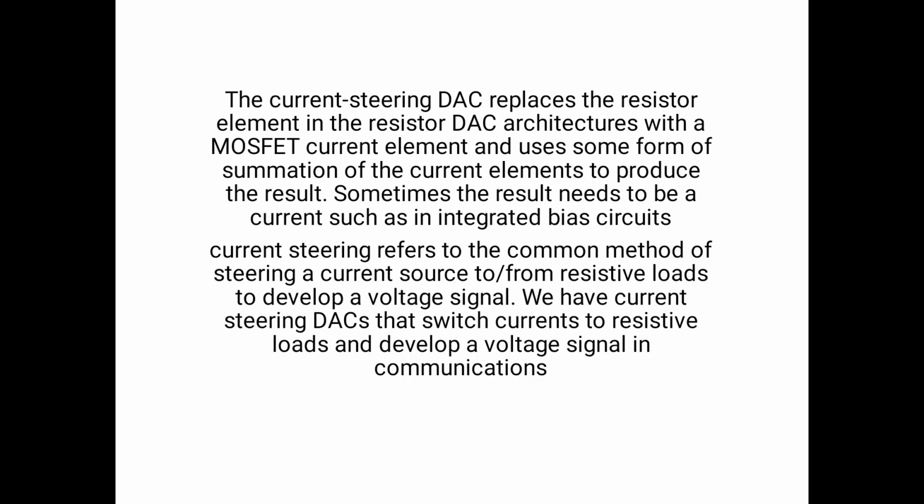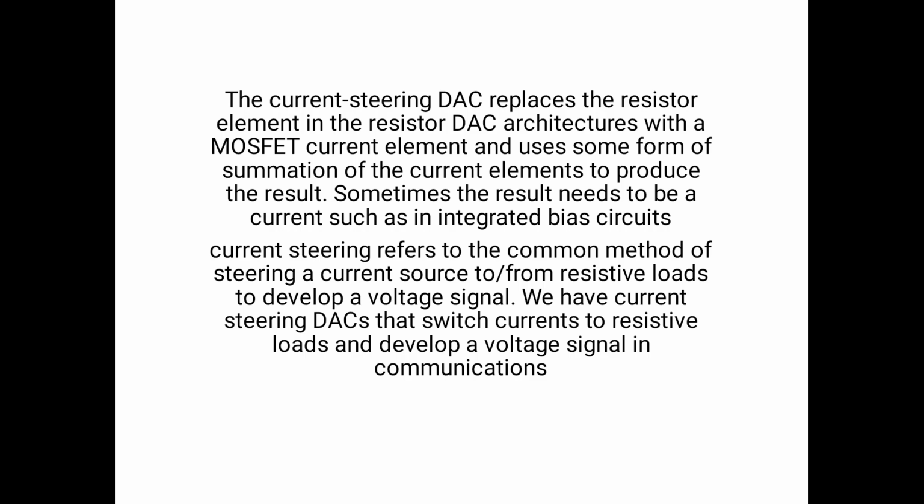The current steering digital to analog converter replaces the resistor element in the resistor digital to analog converter architectures with MOSFET current elements and uses some form of summation of the current elements to produce the result.